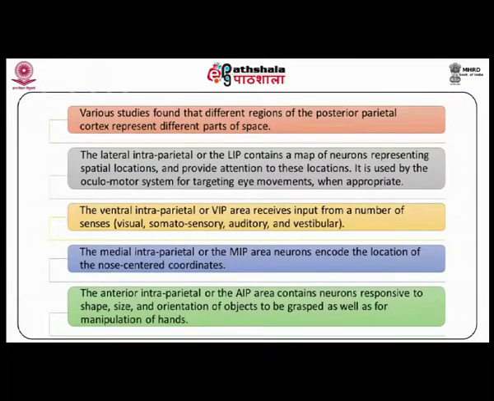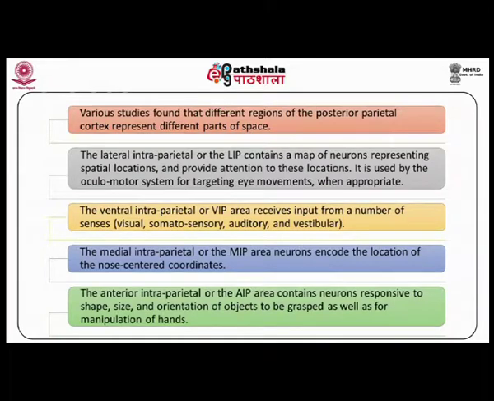Various studies found that different regions of the posterior parietal cortex represent different parts of space. The lateral intraparietal or the LIP contains a map of neurons representing spatial locations and provide attention to these locations.